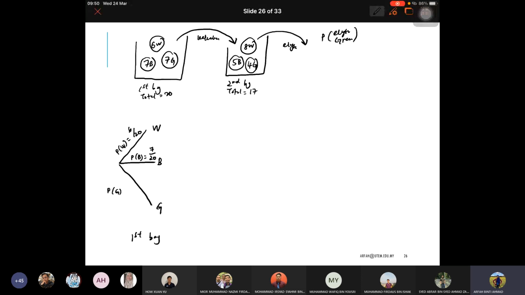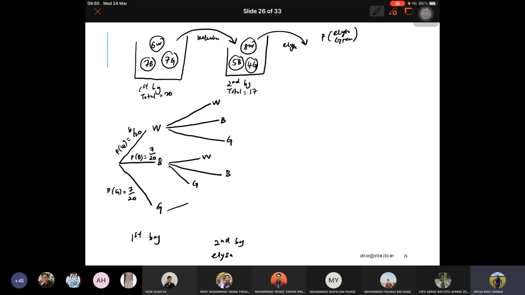This is the first bag by Fasha. Then we draw from the second bag by Elisa. It will also have white, black or green. So it's the same. It can be either white, black or green. This one is the same too.